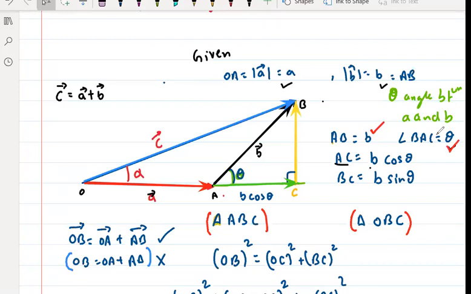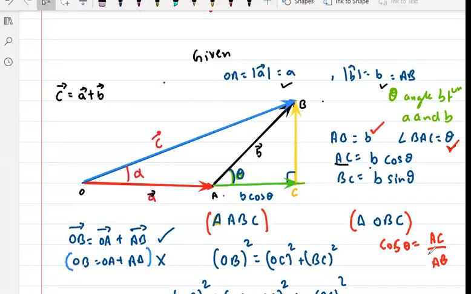So what is this AC? Can I say AC is the base? So can I write cos theta is equal to base by hypotenuse, which is AC by AB. I hope all of you have studied this in class 10th.